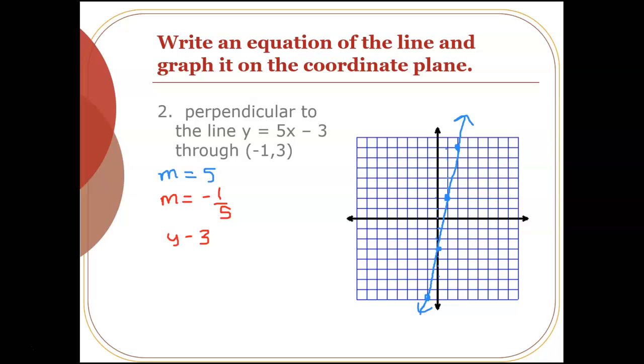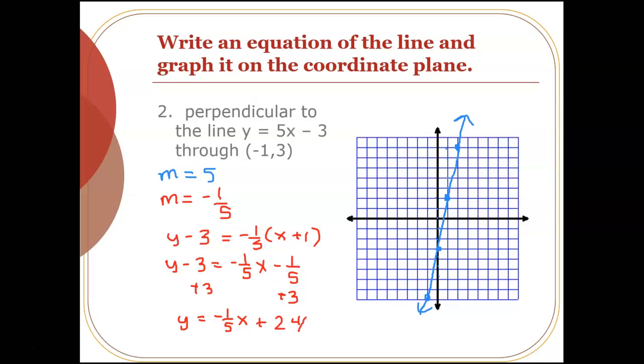So that's y minus 3 equals negative 1/5 times x plus 1, because minus a minus. And then you get y minus 3 equals negative 1/5 x minus 1/5. Add 3 to both sides. So that's the same as 2 4/5, or 2.8.